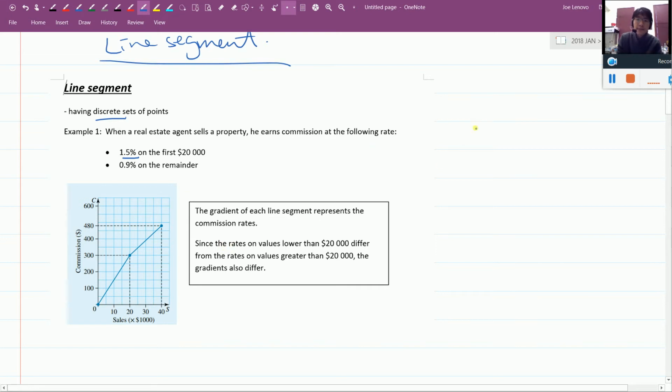So for selling $0 to $20,000, you only take about 1.5% as a commission.